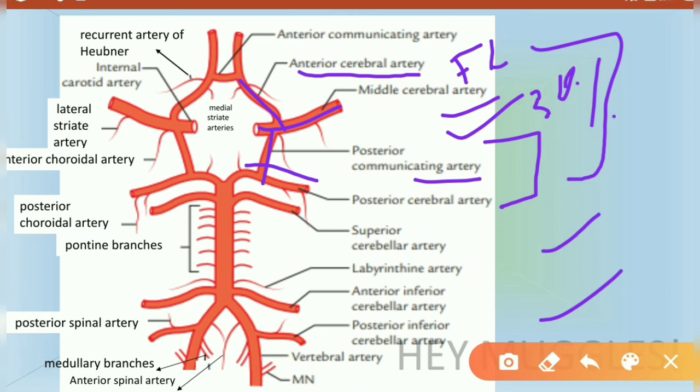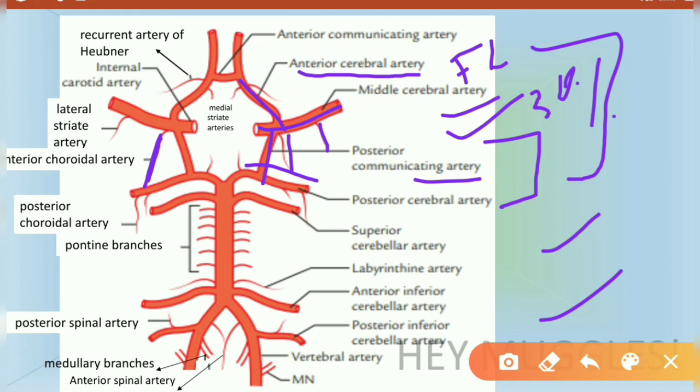Now we have the anterior choroidal artery, right? This is your anterior choroidal artery. This is a branch of your middle cerebral artery. It is a long, slender branch, right? And this artery is most susceptible to thrombosis.